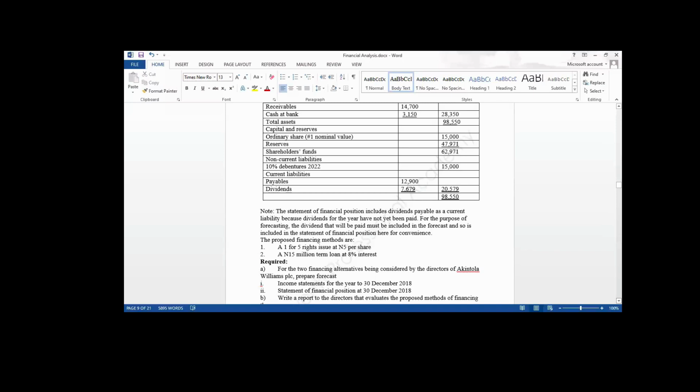For the purpose of forecasting, dividends that will be paid must be included in the forecast. And so it is included in the financial statement here for convenience.